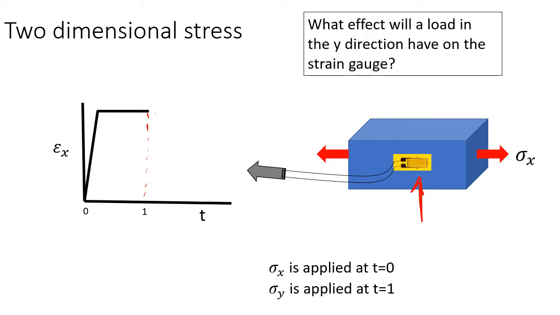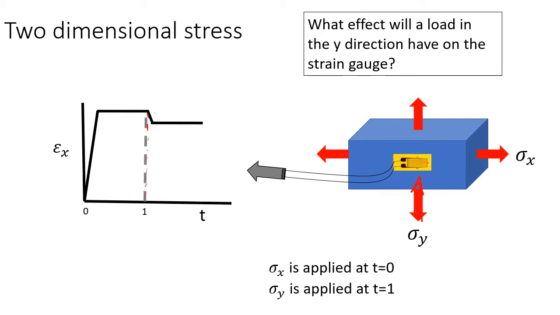So if we put a load on in the y direction, then because of the nature of the material, because of Poisson's ratio, if we put a load on in the y, it will give a strain in the lateral directions.